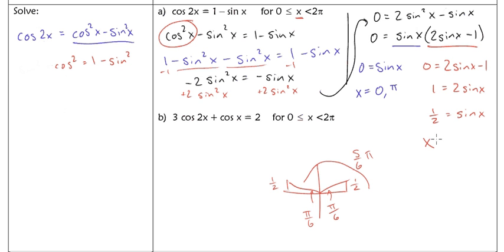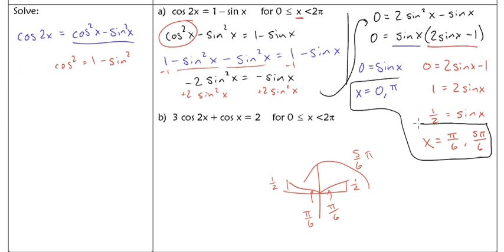All right, so x equals pi over 6 and 5 pi over 6, and there's our answer. So writing those all together, let me just box them up. There's our answers.